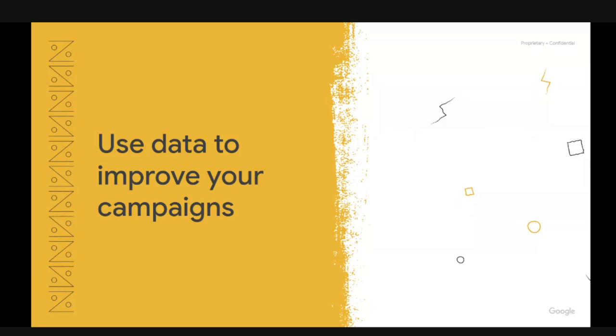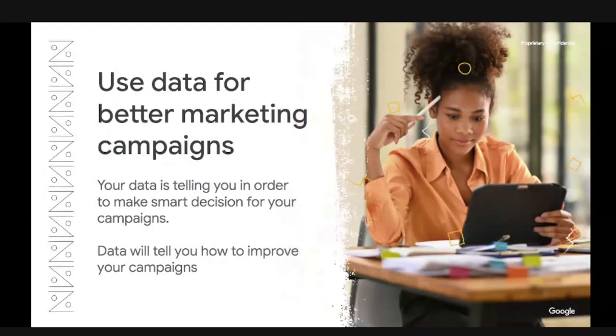One looks at how to use data to improve your campaigns. It is obviously important that when you use this data, you use it effectively, and that you focus on how to identify improvements, as well as key metrics and performance that will help you improve your campaigns.